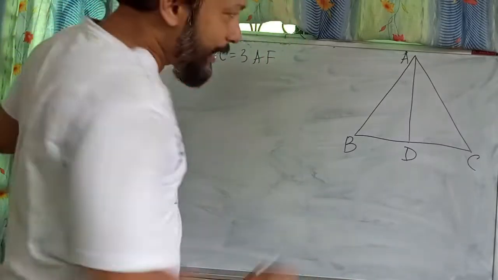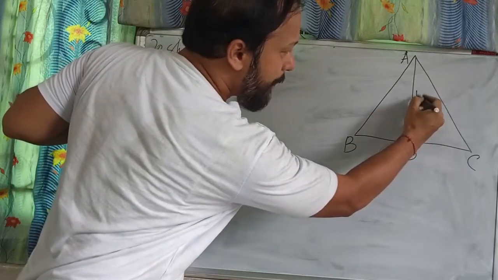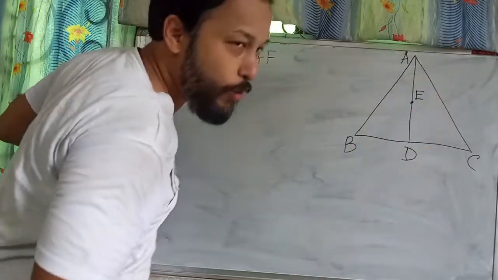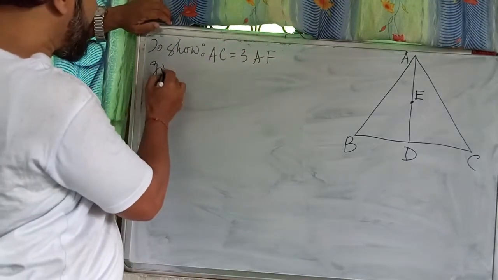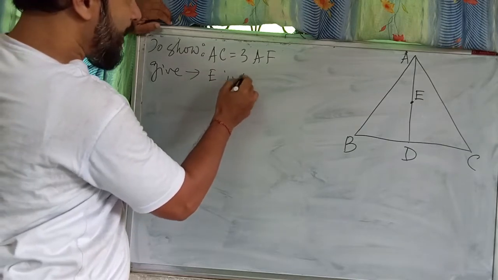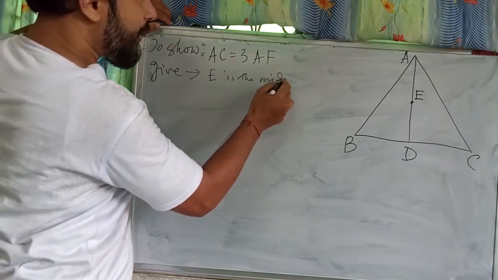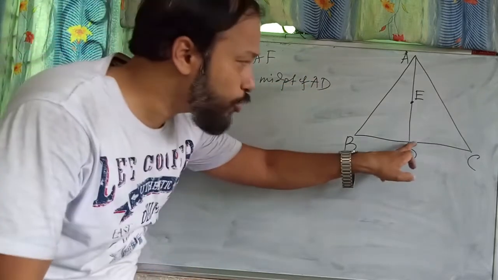First of all, AD is the median, and it is also given that E is the midpoint of AD.